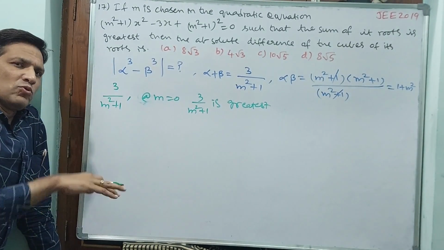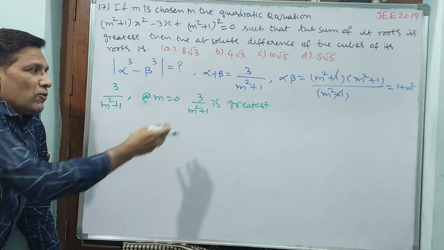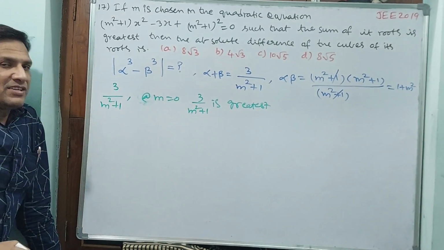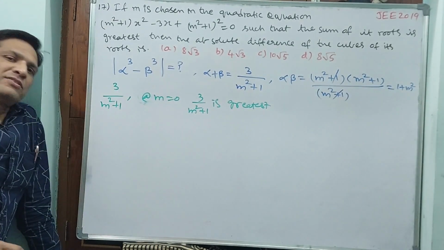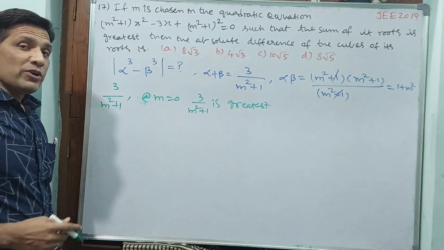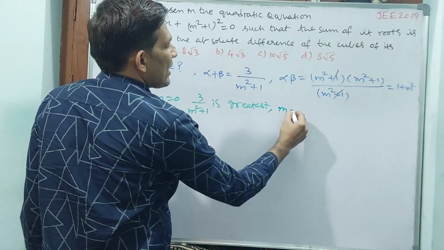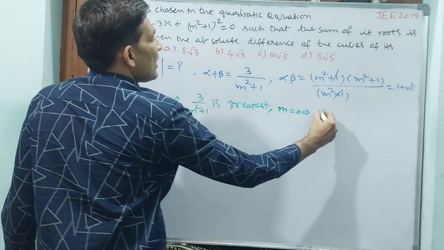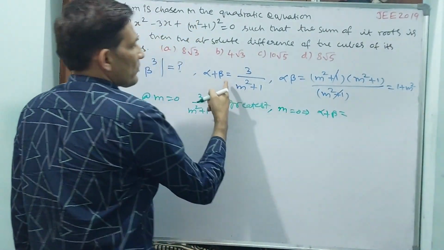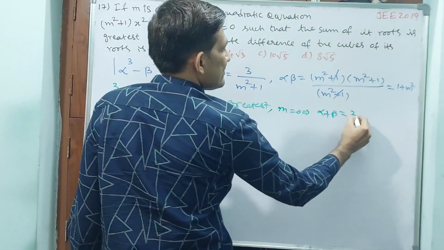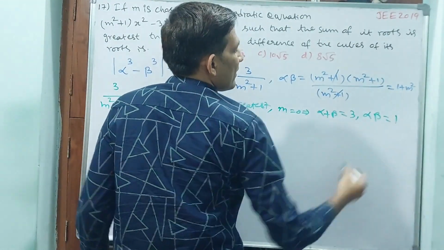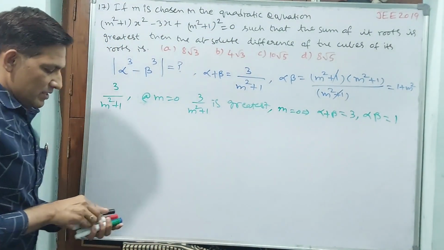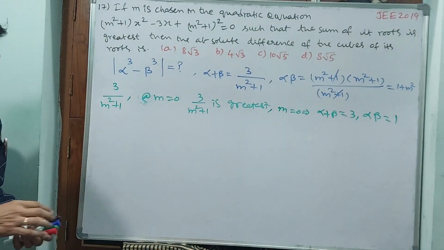Minus 2 or plus 2 squared is 4, 4 plus 1 is 5, and 3 by 5 is a lesser value than 3. That is why you take m as 0. At m is equal to 0, alpha plus beta will be 3 and alpha into beta will be 1. Those two values will come.